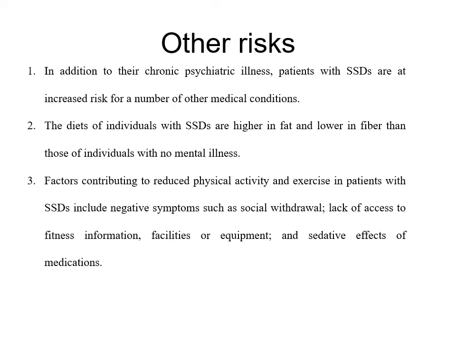All right, so things like obesity, diabetes, glucose dysregulation, cardiovascular disease, actually 12 times higher with people with schizophrenia than the normal public. And then, of course, there are side effects associated with medication, things like weight gain.